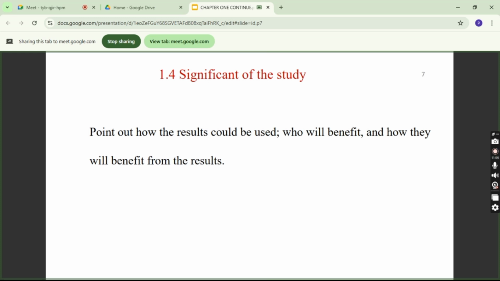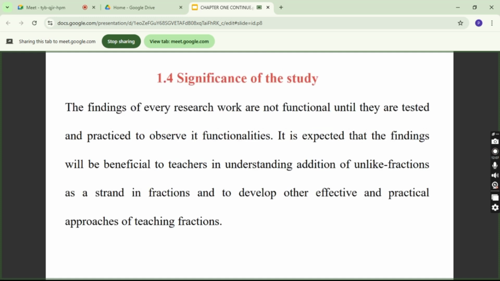So let me use my topic and let us see how best I explained the significance of the study, pointing out the key elements as benefits of that study. So he said the findings of every research work are not functional until they are tested and practiced to observe their functionality.